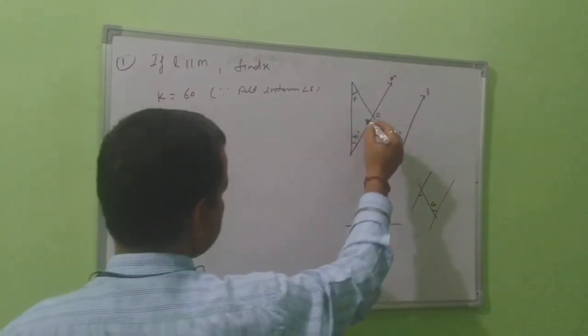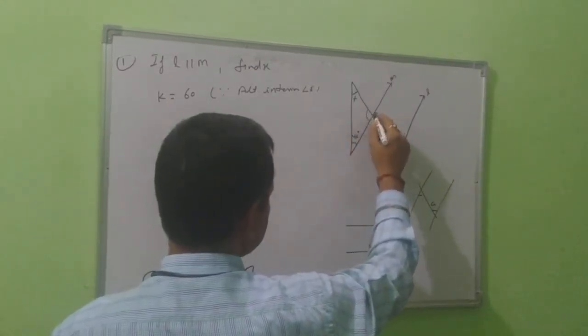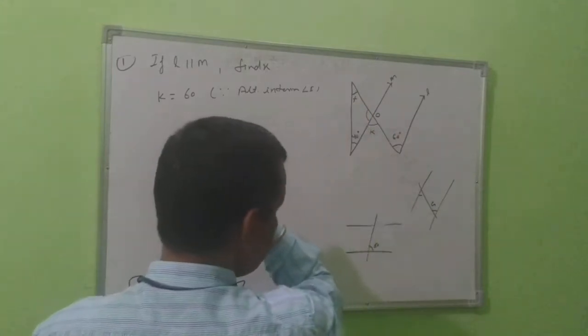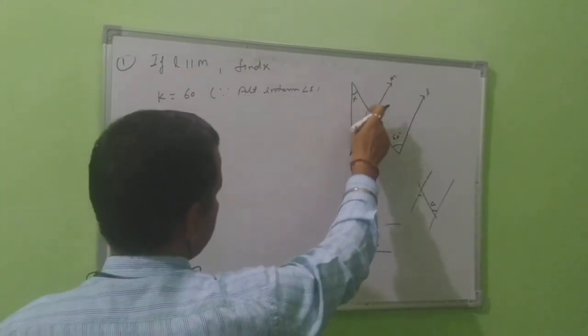After that, you can find this angle here. How much is this angle? This and this angle form a linear pair.